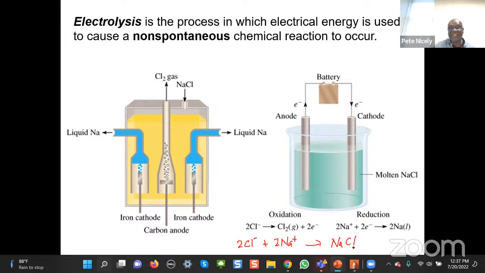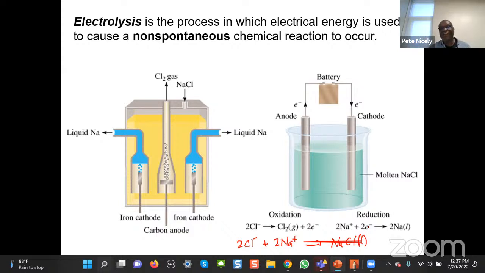Now, normally, this would be a non-spontaneous reaction. If you add two solutions, one containing chloride and one containing sodium ions, you will not have them coming together by themselves to form sodium chloride in the liquid state. So in order for you to force that reaction to take place, you need to provide energy.